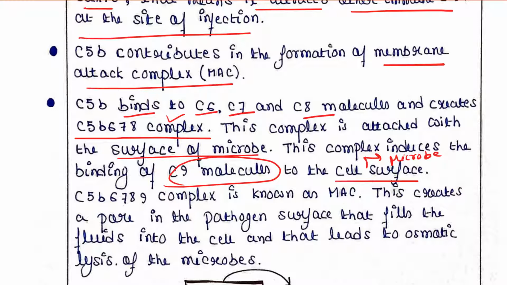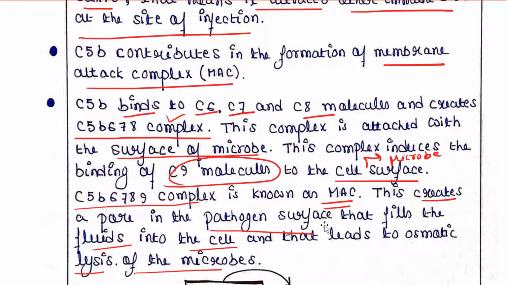So the plasma membrane or the cell surface of the microbe is now occupied by C5b, C6, C7, C8, C9 molecules. And these molecules are forming the complex that is known as MAC or membrane attack complex. But why is it named so? This MAC creates a pore in the pathogen surface that fills the cell with fluids, which leads to osmotic lysis of the microbe.